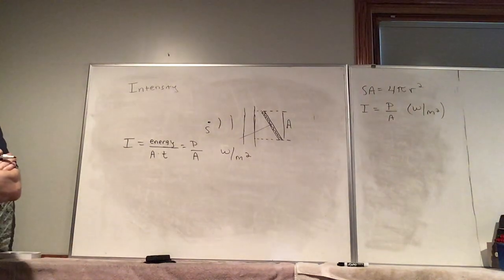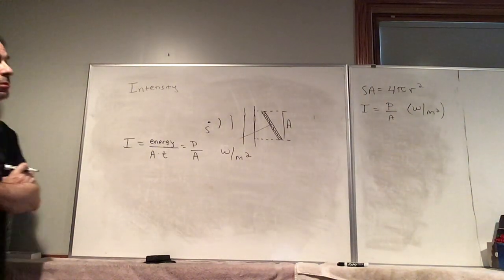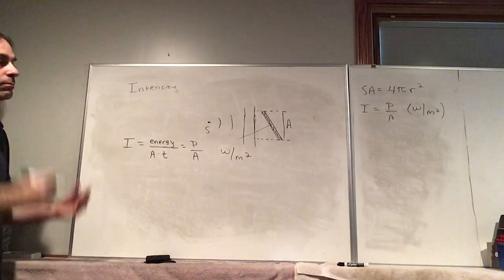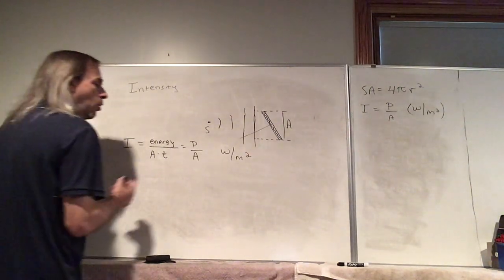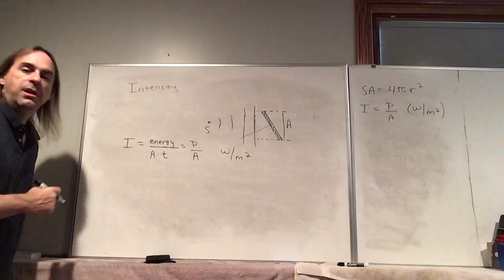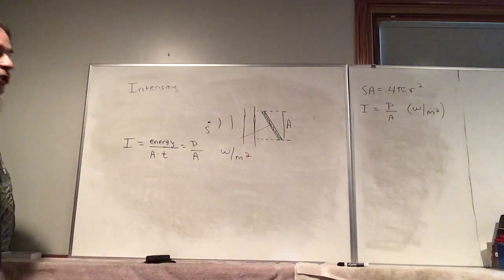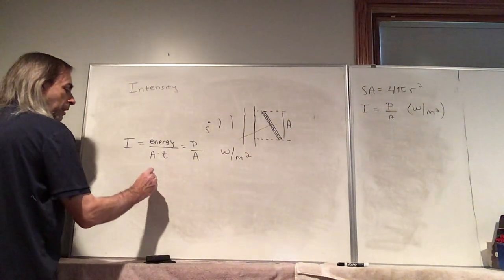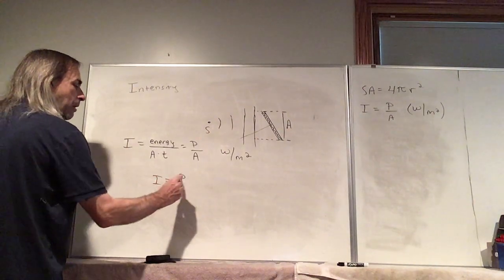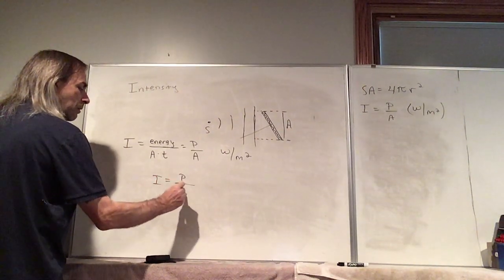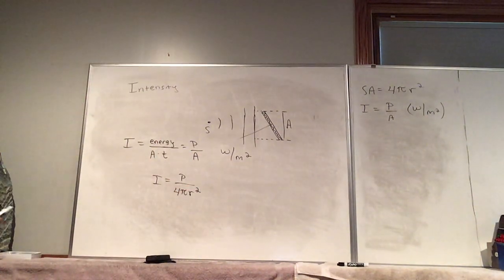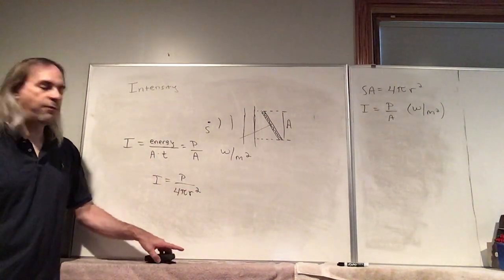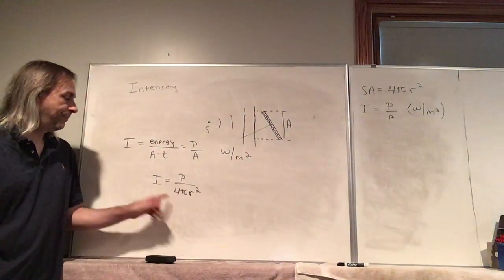Okay, now a very special case is the spherical waves. If you have spherical waves, remember we have to consider a spherical shell, the area would be 4 pi r squared. And so here we have the inverse square law.